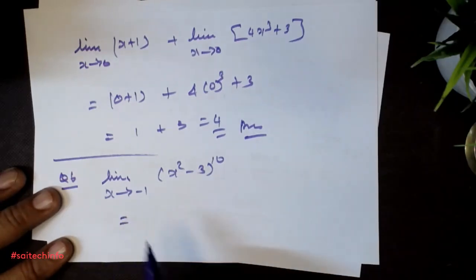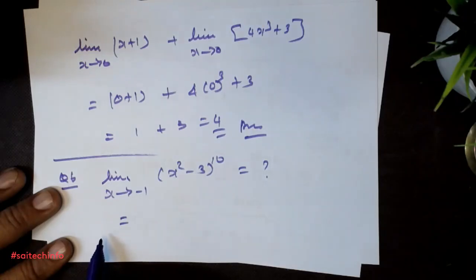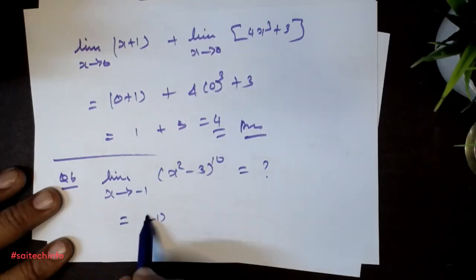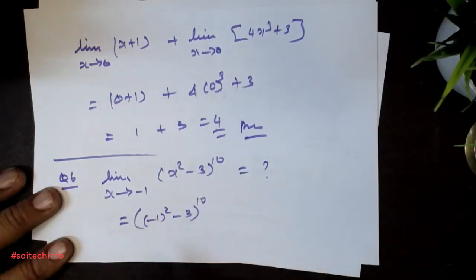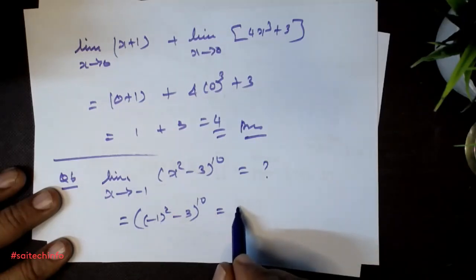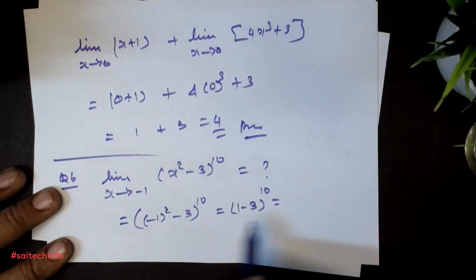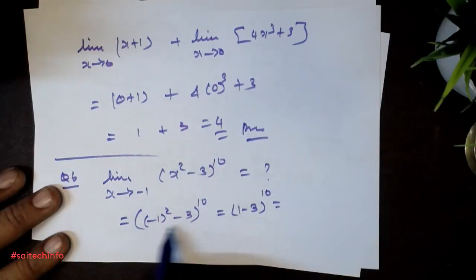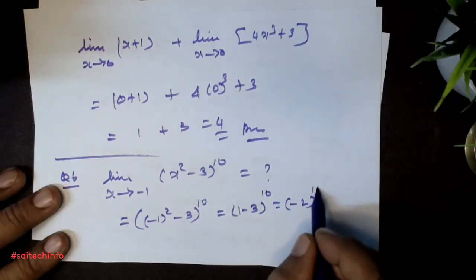Now that is equal to minus 1 whole squared minus 3 whole power 10. Right. So that is equal to minus 1 squared is 1, minus 3, whole power 10. Is it not? Plus 1. So 1 minus 3 is minus 2, whole power 10.